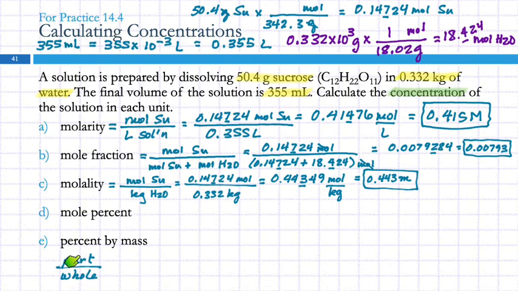But the part that you're interested in divided by the whole thing, and then to make it a percent, we multiply by 100. So this is equivalent to the mole fraction, right? And then you multiply by 100 to get the percent. So mole percent is mole fraction times 100.